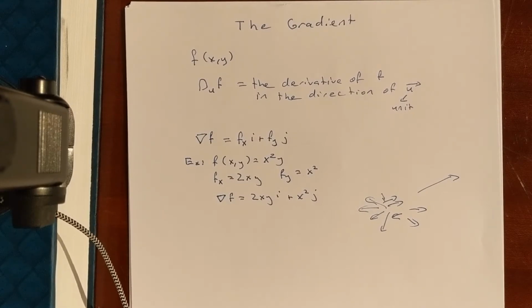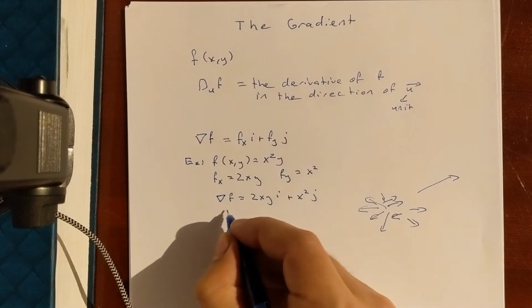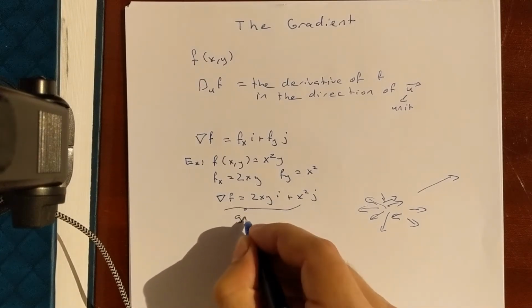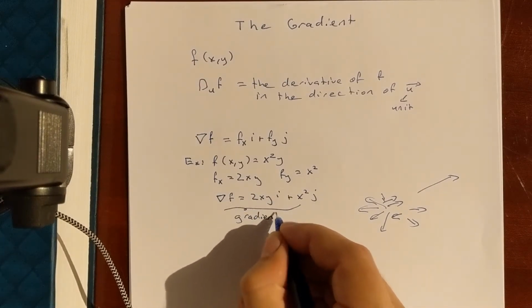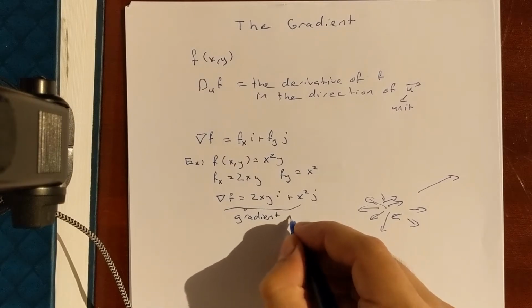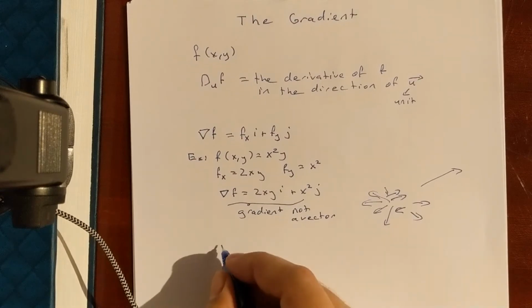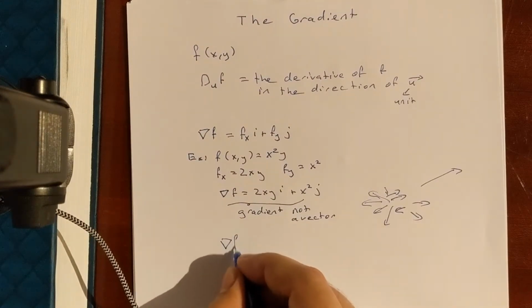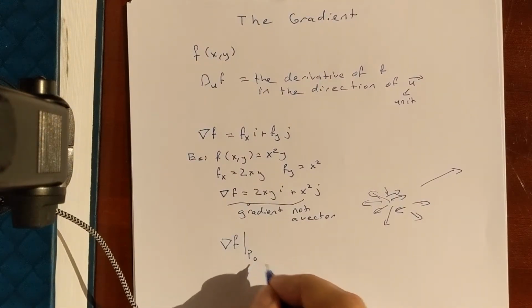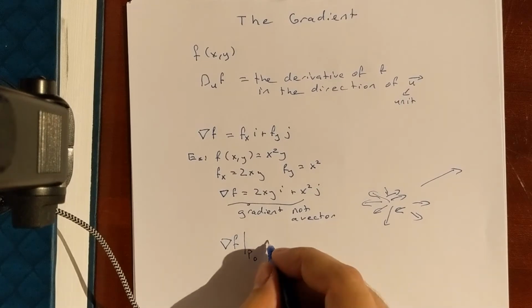But it's not itself a vector. When does the gradient become a vector? When you plug in a point. So the gradient is not a vector, but the gradient at a point, gradient f evaluated at a point p naught, is a vector.